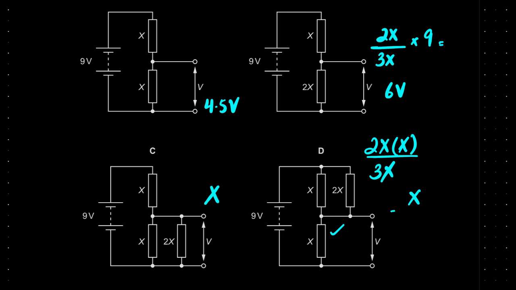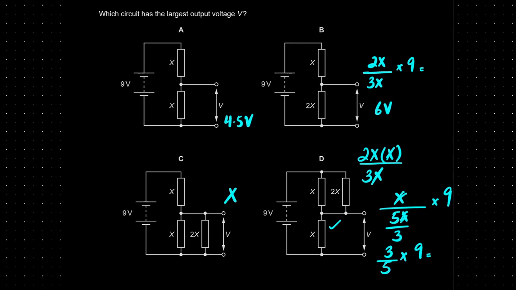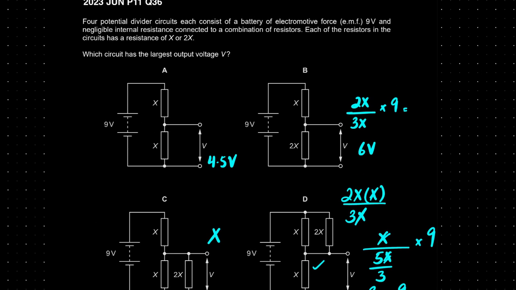So x over x plus 2 by 3, which makes it 5 by 3x, times the 9. So x cancel out. So this is 3 by 5 of 9, which is 0.6 of 9, and it's definitely not as large as 6. So the correct answer in this case is 6 volts. So 36 is B.